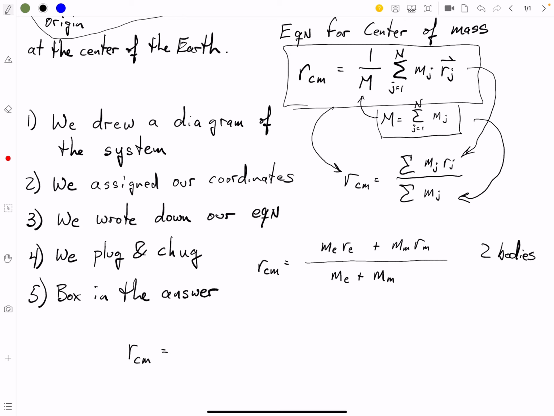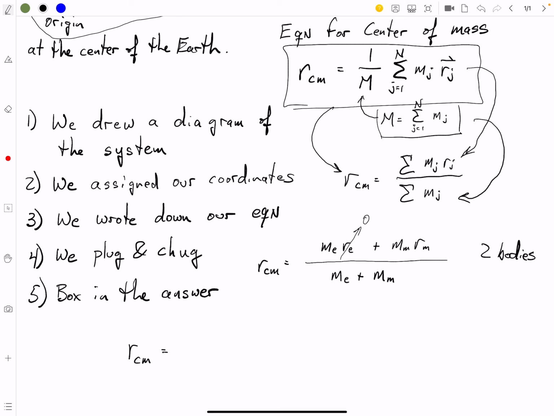And since our origin and where the Earth is are the same, the radius of our Earth, the distance from the origin to the center of our Earth, is 0. Okay, so that whole term goes away.